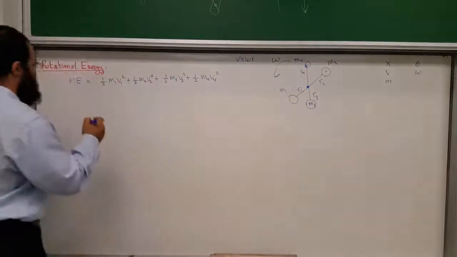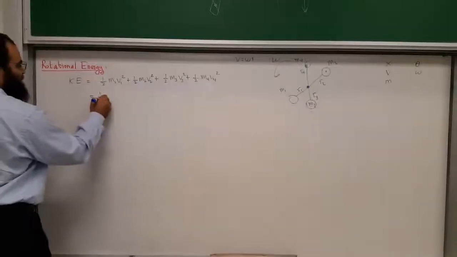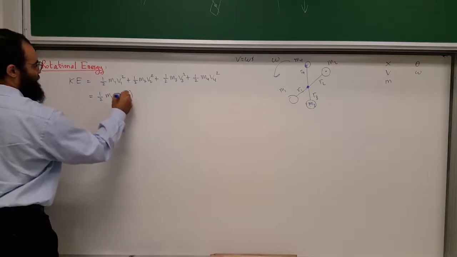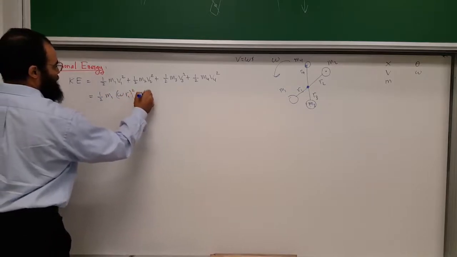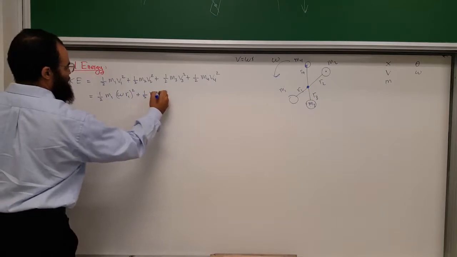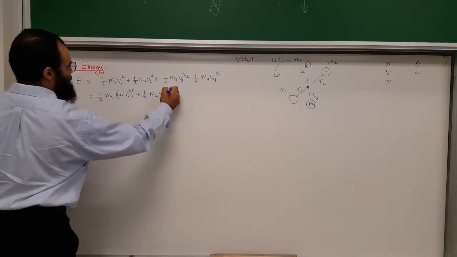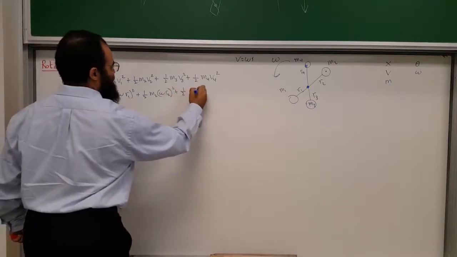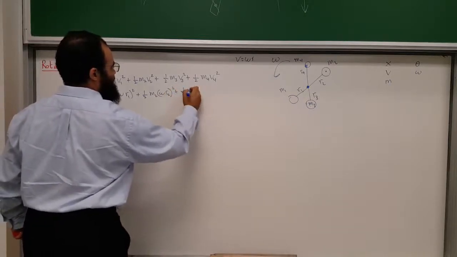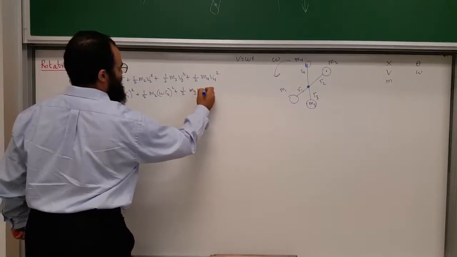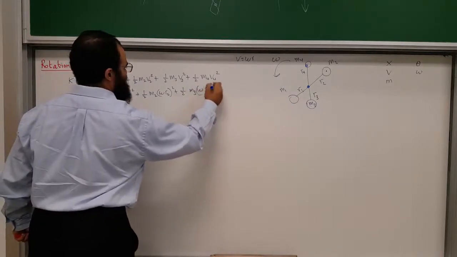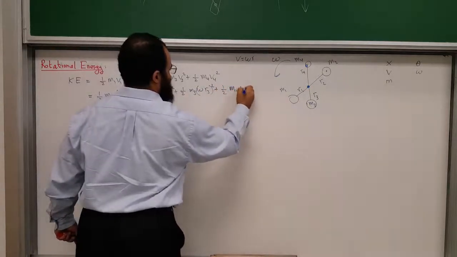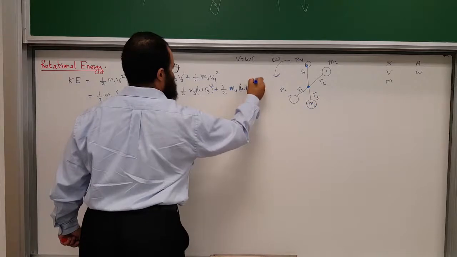So let's do that. It will be 1/2 m1 omega R1 squared plus 1/2 m2 omega R2 squared plus 1/2 m3 omega R3 squared plus 1/2 m4 omega R4 squared.